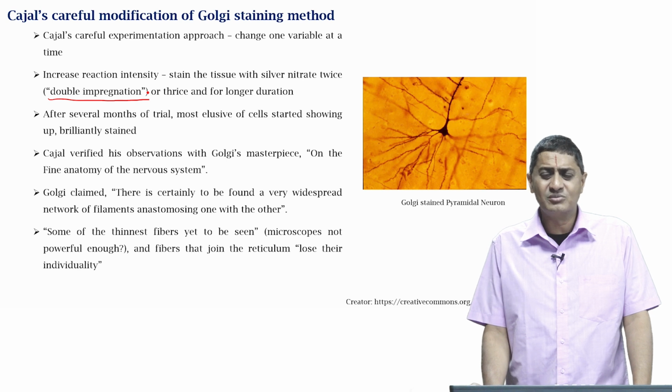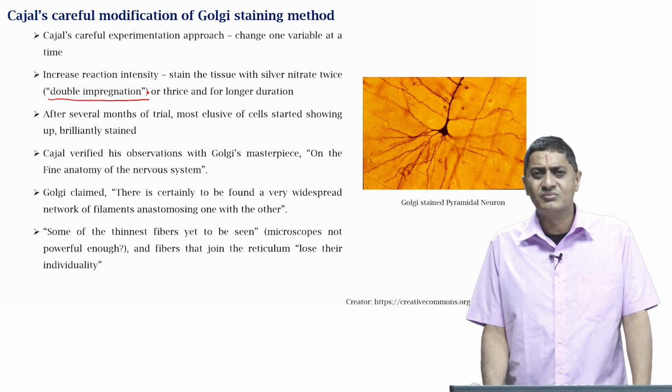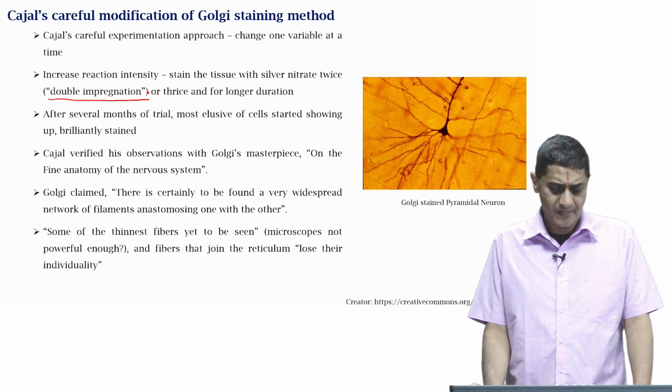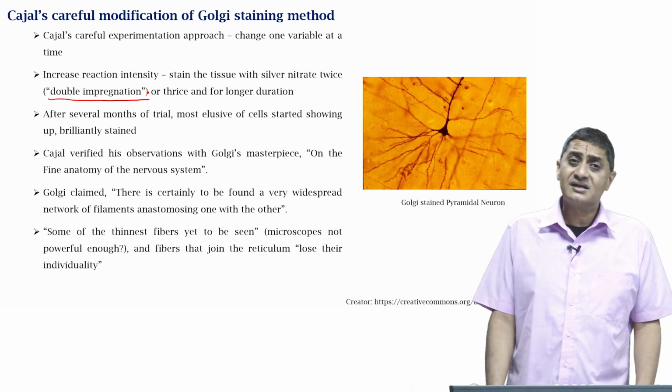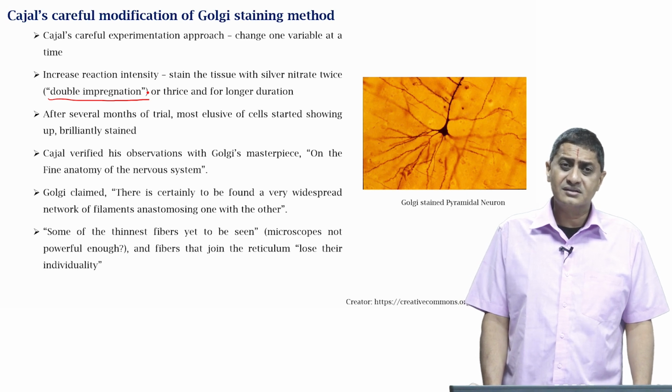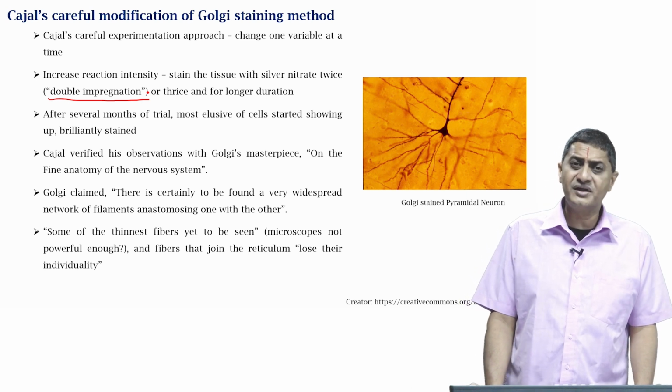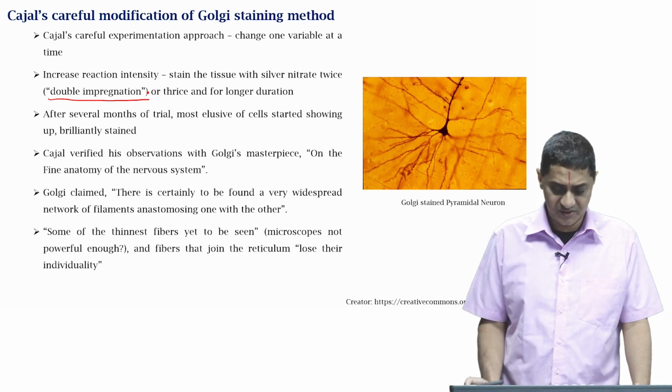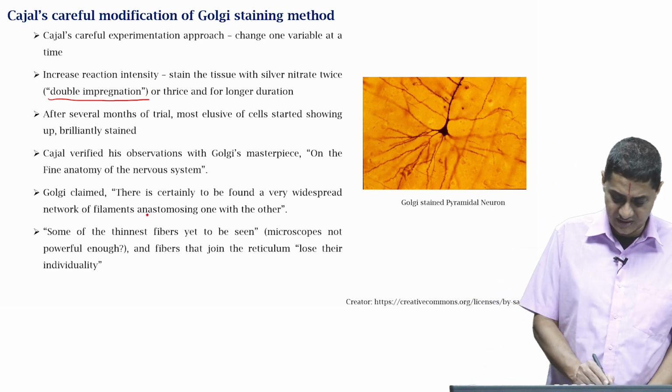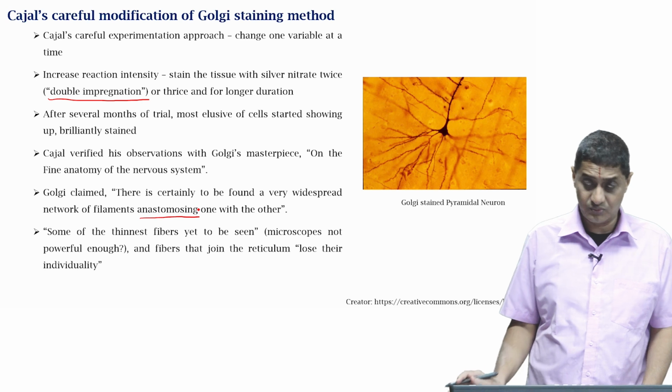So, he read the Italian book to verify whether what he found was either concurring or opposing Golgi's point of view. Golgi claimed that there is certainly to be found a very widespread network of filaments anastomosing with one another, anastomosing with each other.